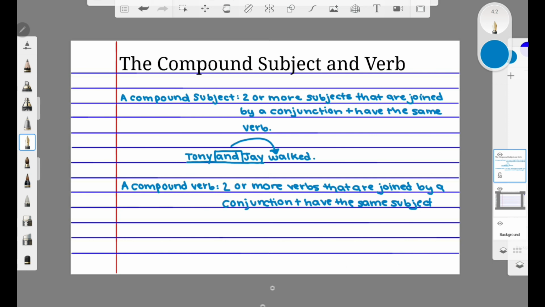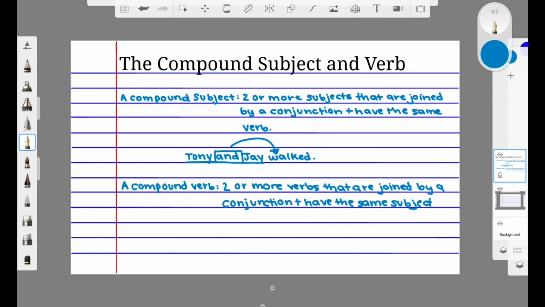And then when we talk about a compound verb, not a compound predicate, a compound verb, because technically both verbs are still part of the predicate, so it's not a compound predicate. It's a compound verb. It has two or more verbs that are joined by a conjunction, and they have the same subject.